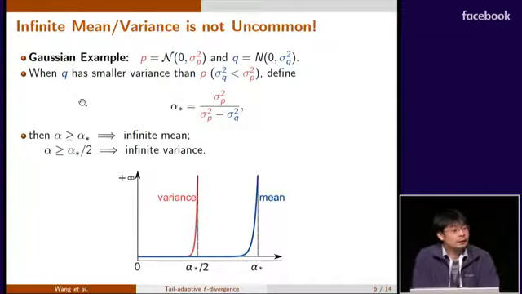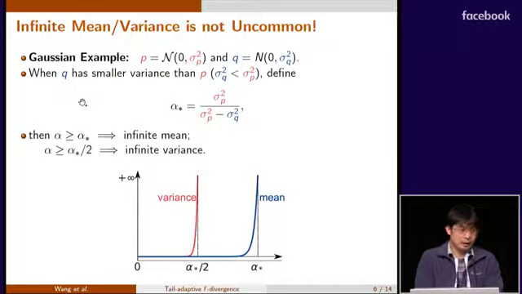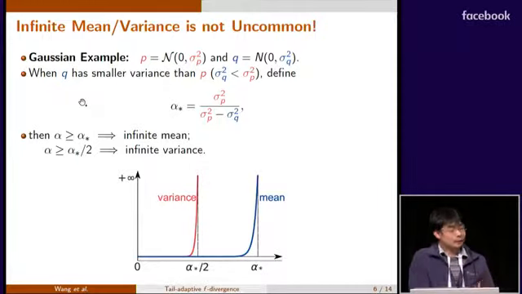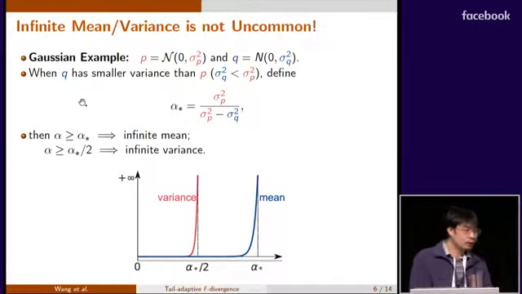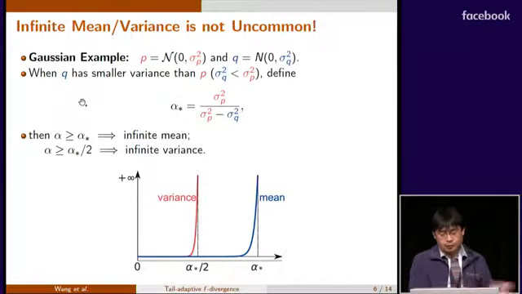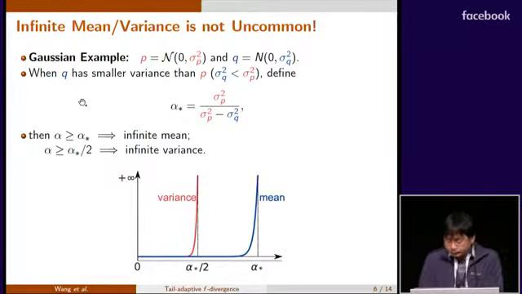And if alpha is larger than alpha star divided by 2, then you will have infinite variance. That means estimation is very difficult. So we need some way to understand the value of alpha and how to adaptively adjust it so that it matches the difference between P and Q.